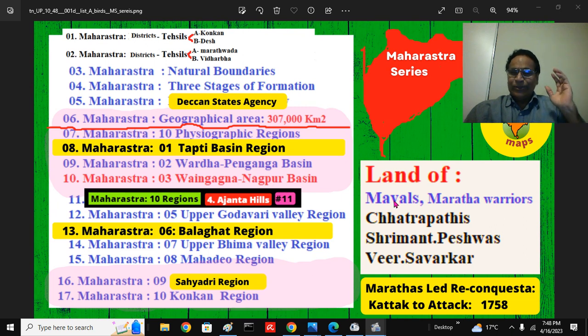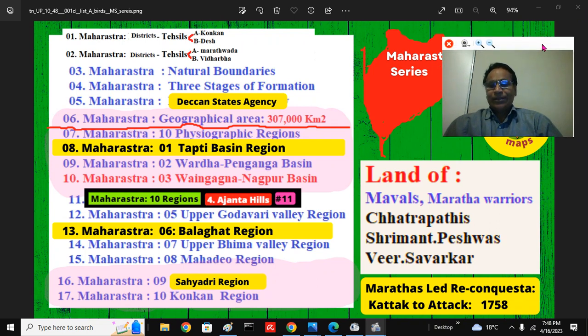The initial soldiers were recruited in the Maval region west of Pune by Chhatrapati Shivaji. It is the land of Maratha warriors, land of Chhatrapati, land of Srimant Peshwas, of course the land of Swatantra Veer Vinayak Damodar Savarkar.